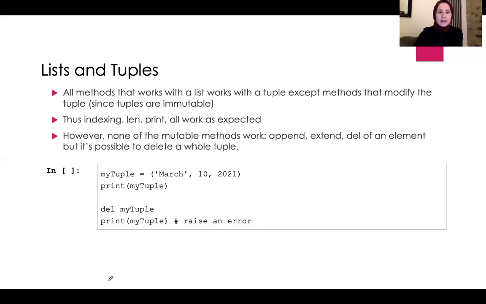So let's look at some differences between lists and tuples. All the methods that work with the list work with the tuple, except the methods that modify the tuple. Since tuples are immutable, for example, len and indexing all work for tuples as expected.